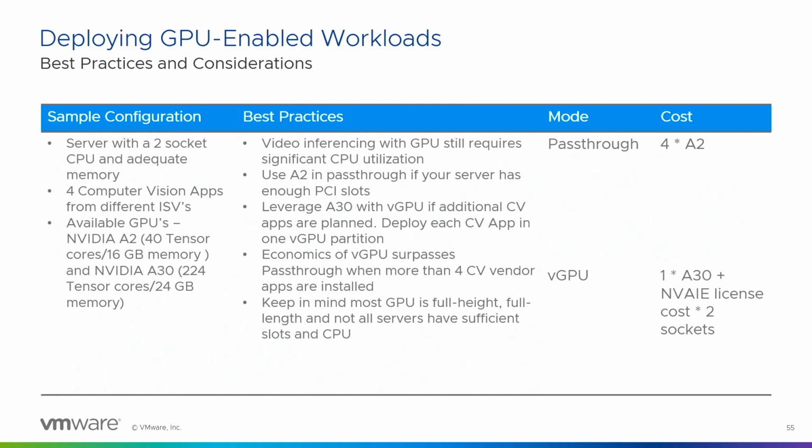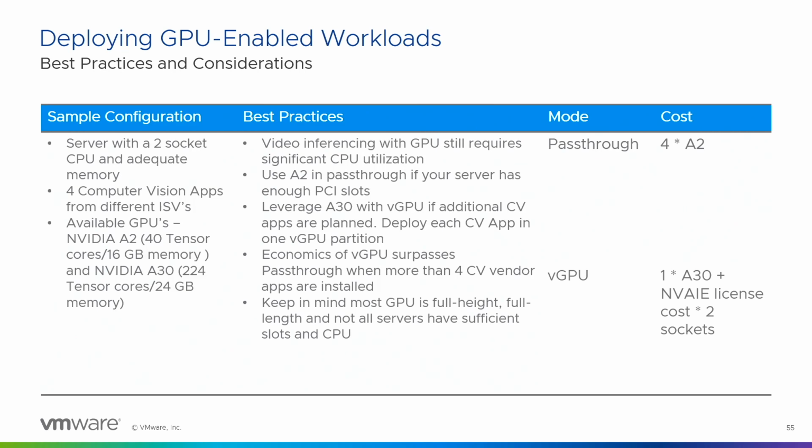These are things you want to be aware of: most GPUs are full height and full length. Anything above, I believe, the A30, let's say for NVIDIA, those are all full height and full length GPUs. So you have to be aware of how many PCIe slots you have in a server.